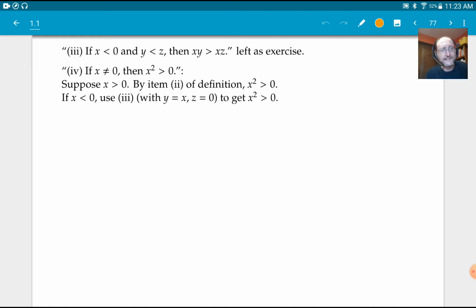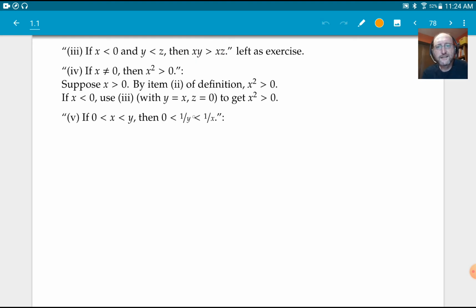If x is negative, then we could just use part 3 over here. I could just have x and y be x, and z be 0. And then what this is, it's x times x, and x times z, and z is 0, so x squared is positive. So it basically follows by the previous item.